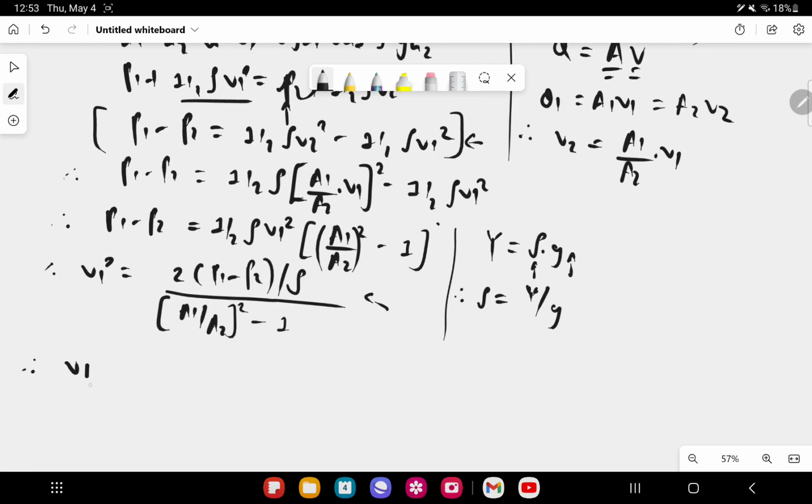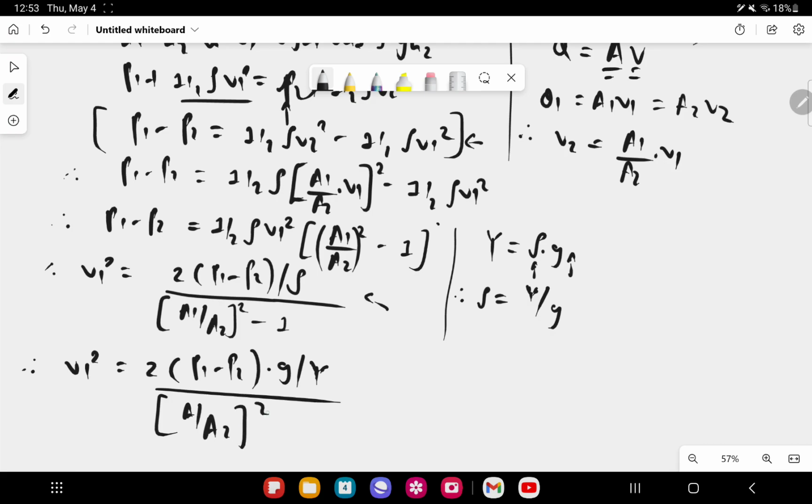Therefore V1 squared is equal to 2 times (P1 minus P2) times g over gamma, divided by (A1 over A2) squared minus 1.